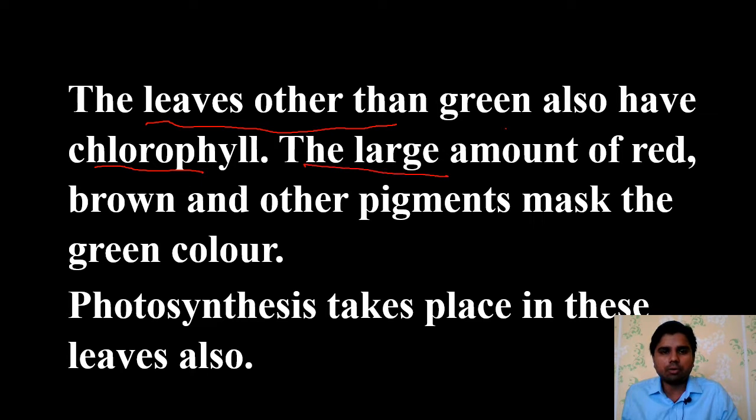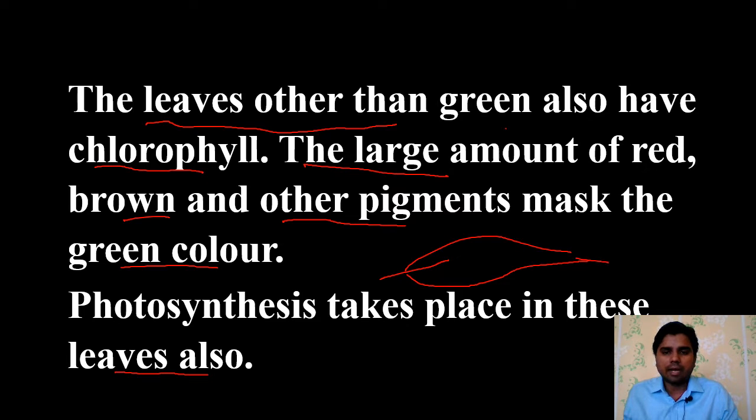The large amount of red, brown and other pigment mask the green color. Photosynthesis takes place in these leaves also. So suppose we have one leaf which is red in color, then it does not mean that it does not contain chlorophyll.